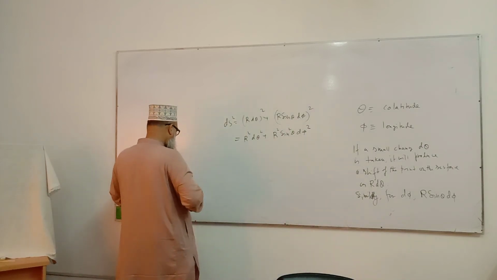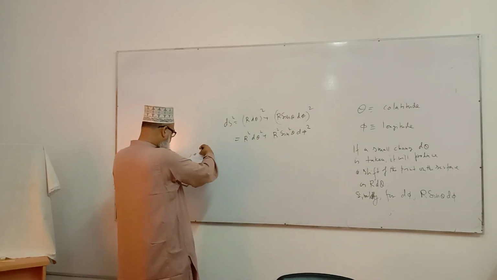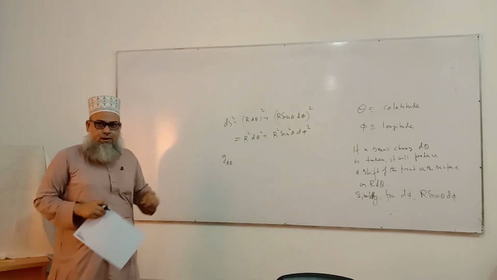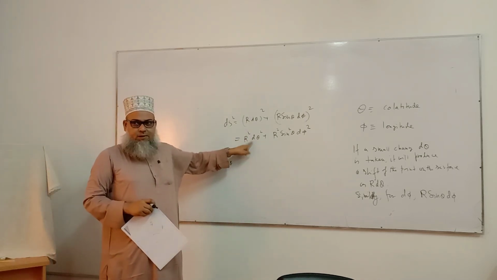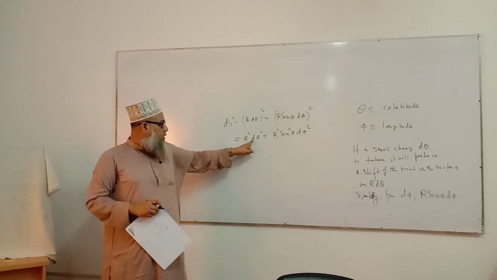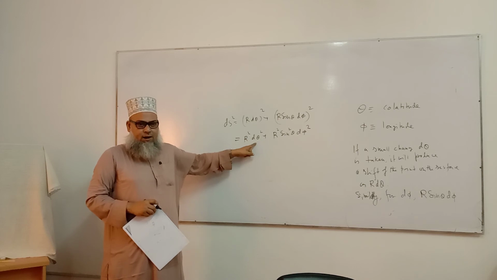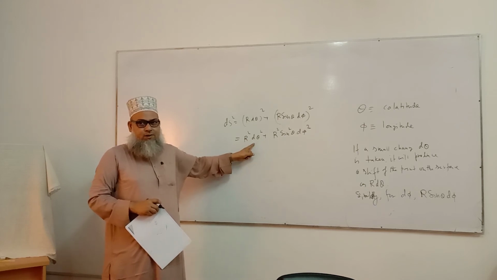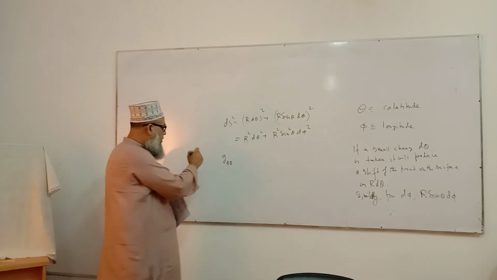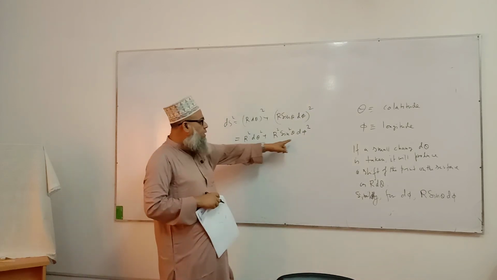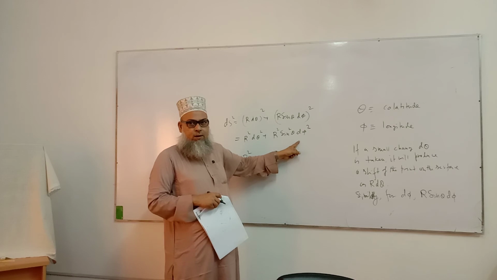Then what? g theta theta. What is this? This is the first term. d theta comes twice here, d theta multiplied by d theta, so we get this theta theta component. The g theta theta is what? R square. Do you have any term d theta d phi defined?